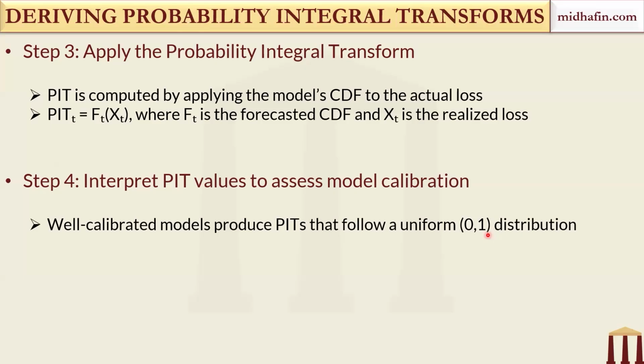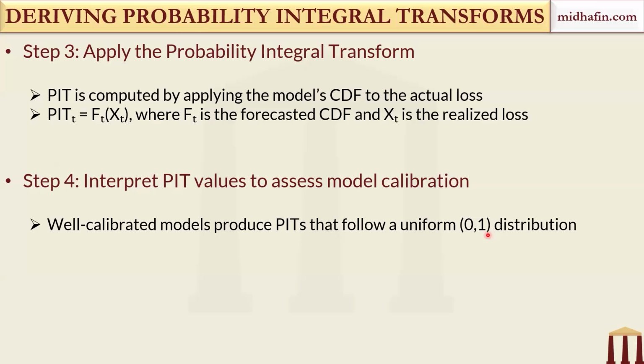So if the predicted distribution tells you that the mean of the loss distribution is 0 and standard deviation is 2, the question that came to my mind was: don't you think the PIT values should also be clustering around 0.5? Why uniformly spread? It feels very logical, right? Quite reasonable.